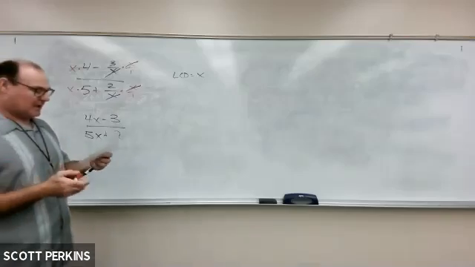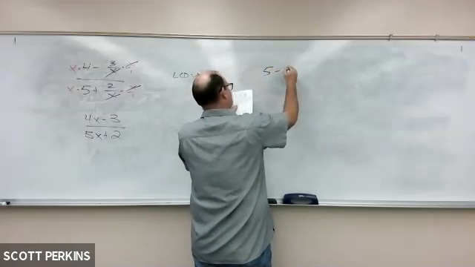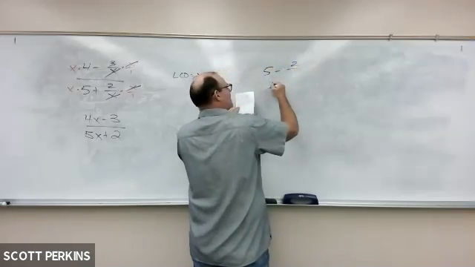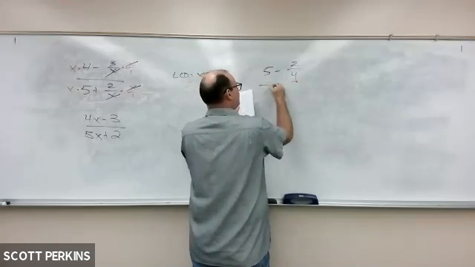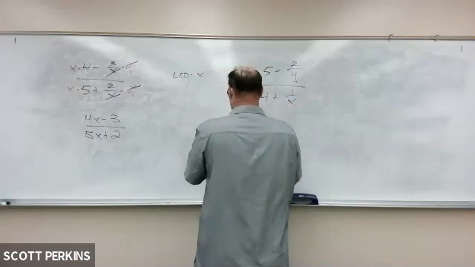Here's another one. Okay, so again, take a moment, identify the common denominator, and then we'll do that together. So you have 5 minus 2 over y, and then 4 plus 1 over x.